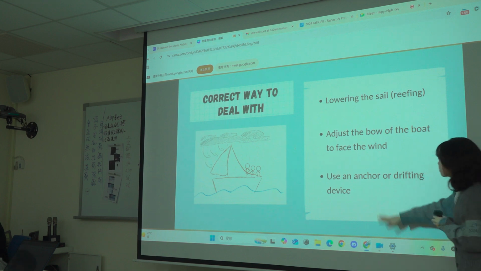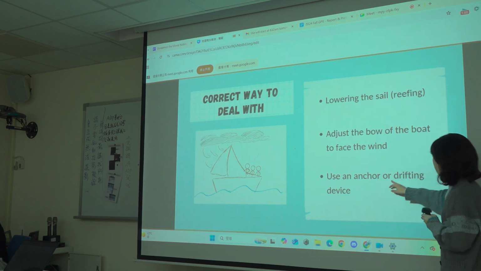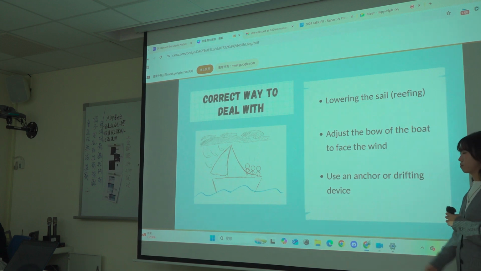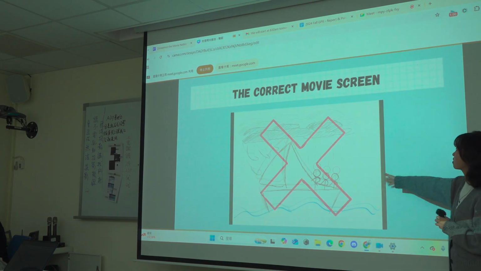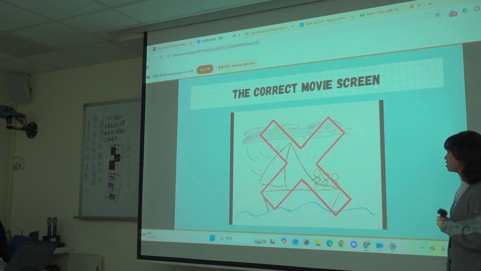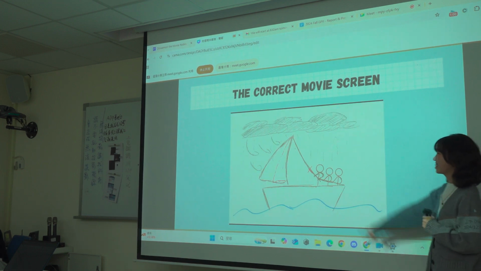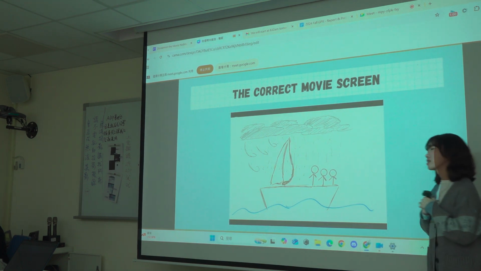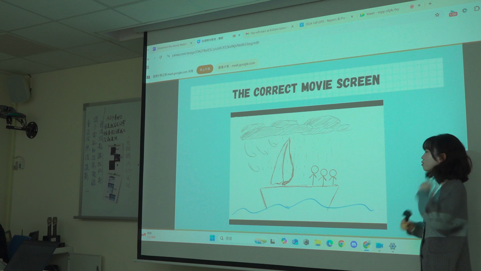And the final is to use the anchor or a driving device. And I decrease the sail's area. Yeah, and this is my report.